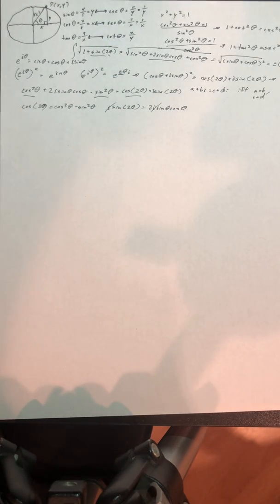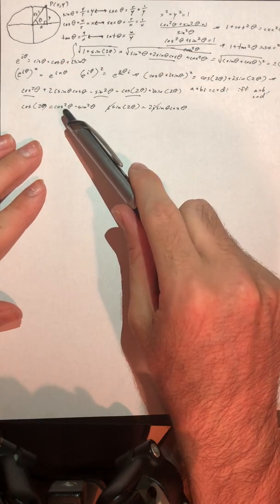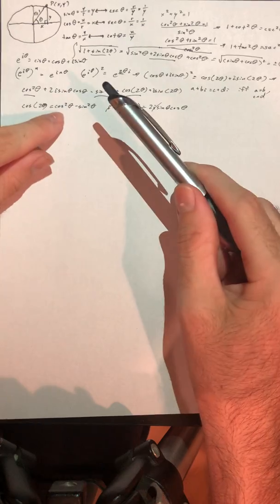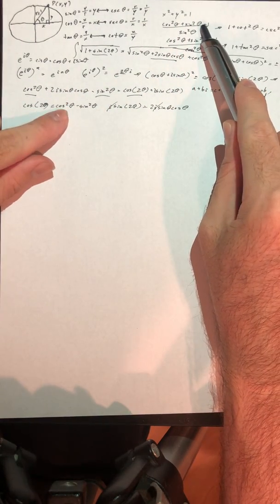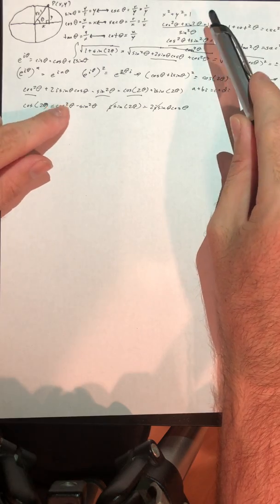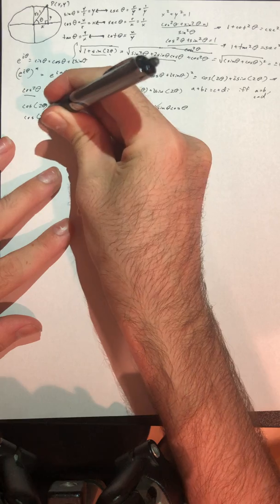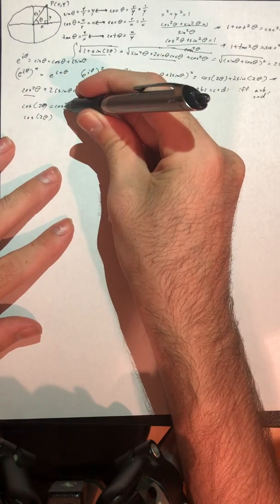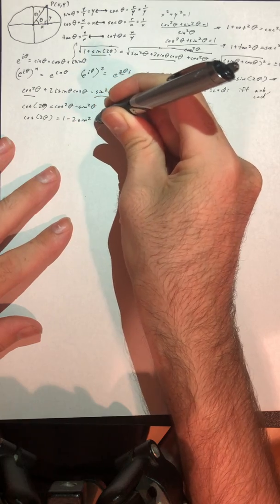For the half angle formulas, how do I normally do them? Okay, cosine 2 theta is cosine squared theta minus sine squared theta. Now we know from this identity that cosine squared theta plus sine squared theta equals 1, so we can let cosine squared theta be 1 minus sine squared theta. So cosine 2 theta is also equal to 1 minus sine squared theta minus sine squared theta. So that's 1 minus 2 sine squared theta.